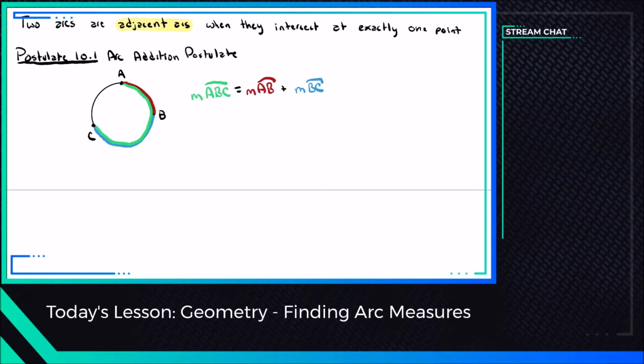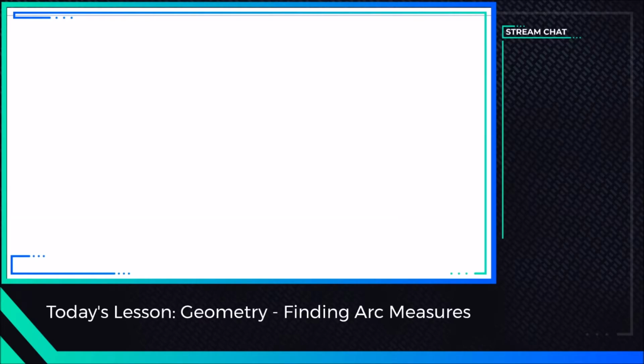So with that piece of information, now let's find some more arc measurements. We're going to draw a circle here. We're going to put the circle center here at R, and we have our first angle right here.